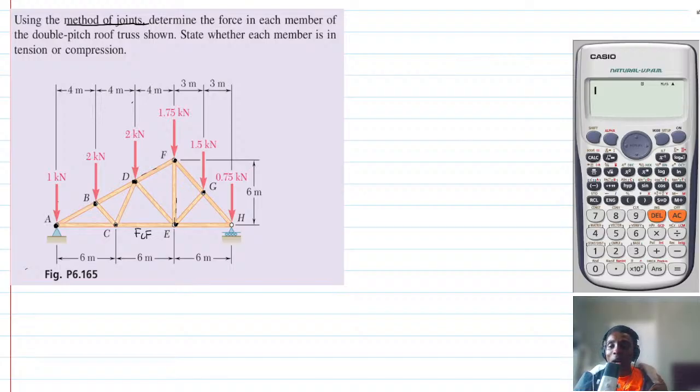But before you can look at anything at all, the first thing to do is to look for what we call global equilibrium. So before we even look at equilibrium at a joint, let's look at the global equilibrium. What is happening all around? That is going to come from equilibrium of rigid bodies.